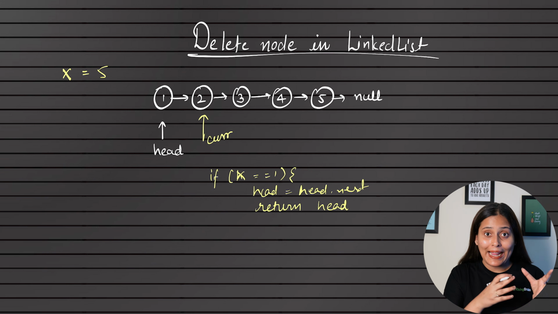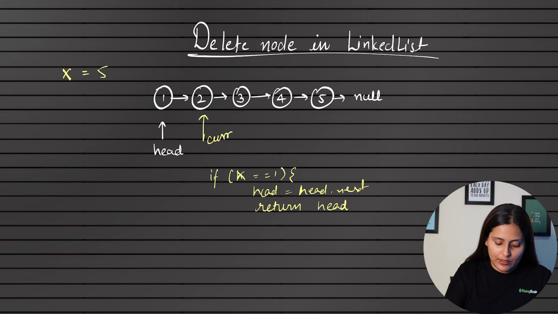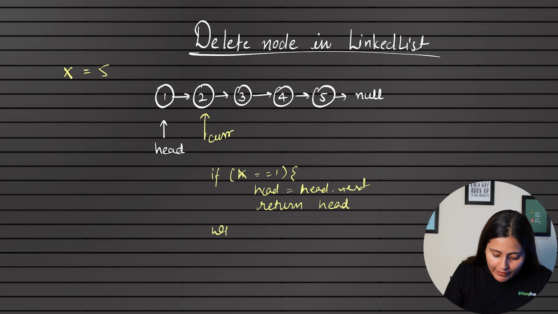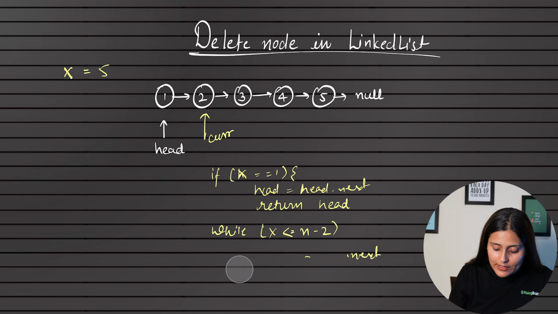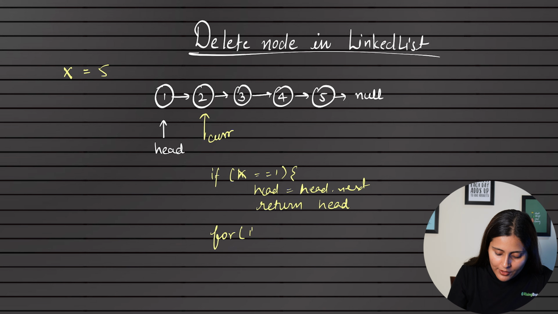Now it's turn to iterate for x-2 times. So now we can either put a while loop: while i is less than or equal to x-2. Or else one more way is to write a for loop where you run from i equal to 1.